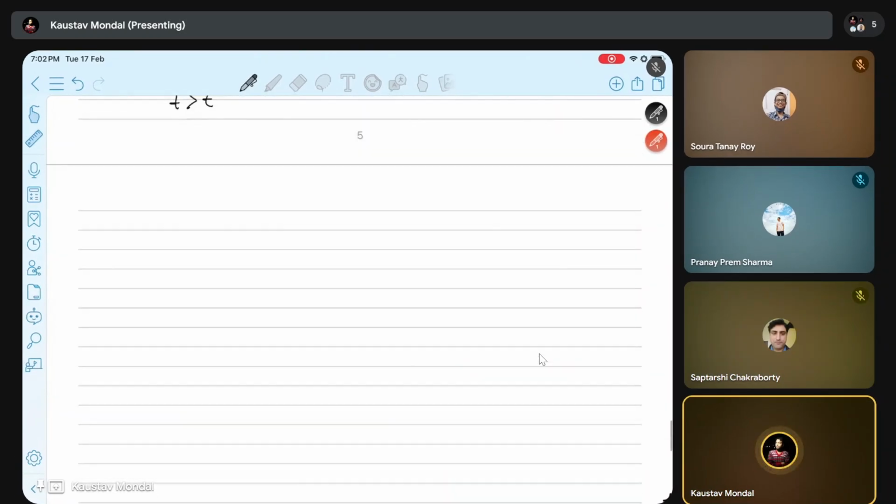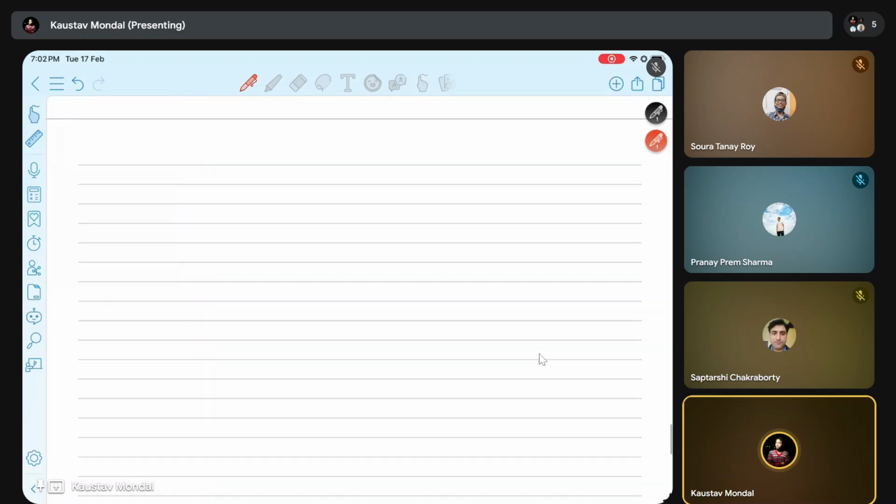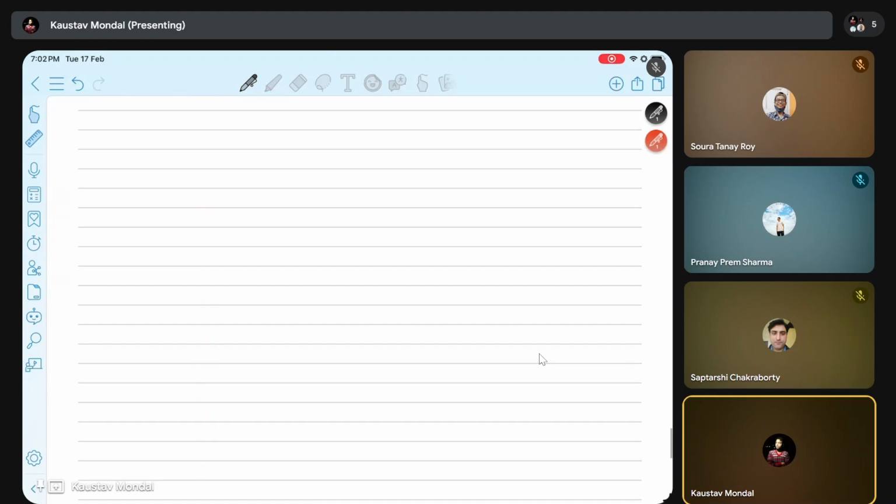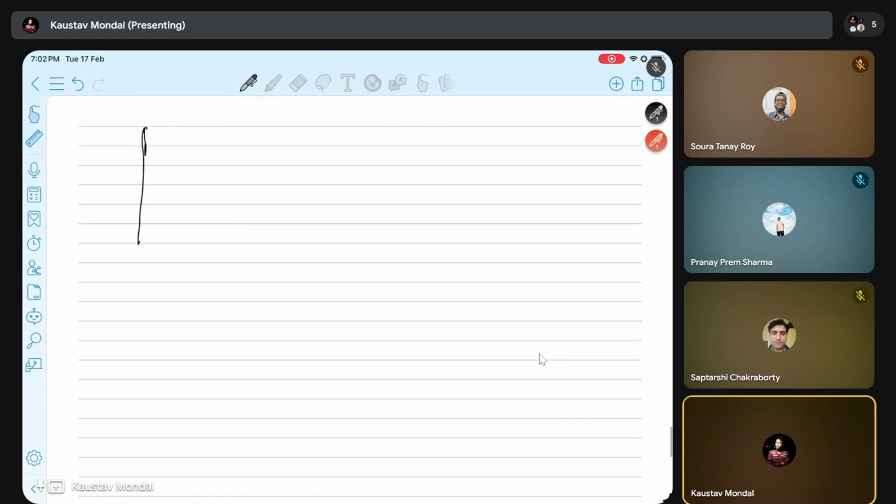Now the last thing is sedimentation. Let's suppose a water beaker is there.